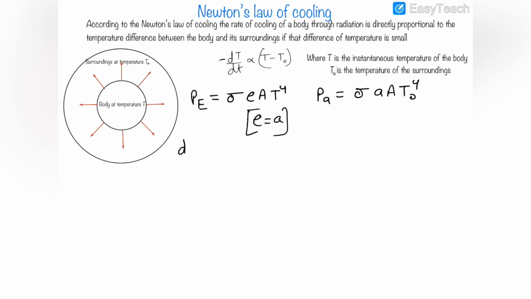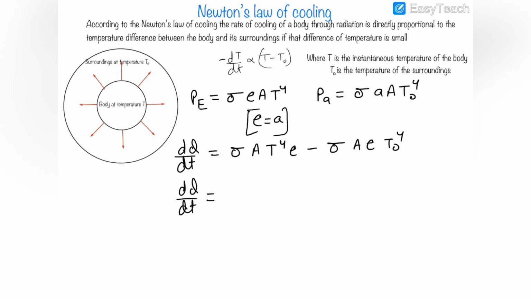So we can write the net power dQ by dt as radiated power, sigma A E T to the power 4, minus sigma A E T naught to the power 4. I am writing A equal to E. So dQ by dt will be equal to sigma E A into T to the power 4 minus T naught to the power 4.